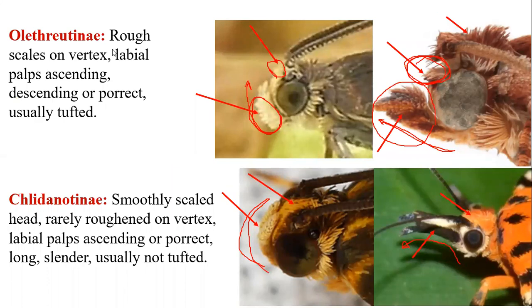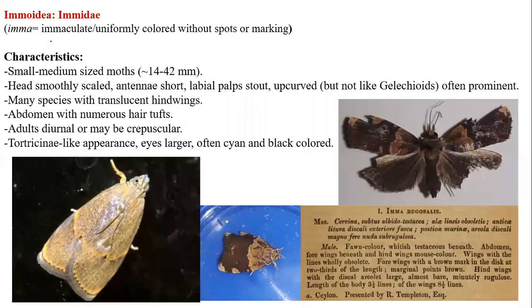Now, the next family is family Immidae, which belongs to superfamily Immoidea. The family name is derived from the word imma, which means immaculate, or uniformly colored without spots or markings. The name is like this possibly because of the type genus and type species belonging to this family, which is Imma rugosalis, described by Walker.